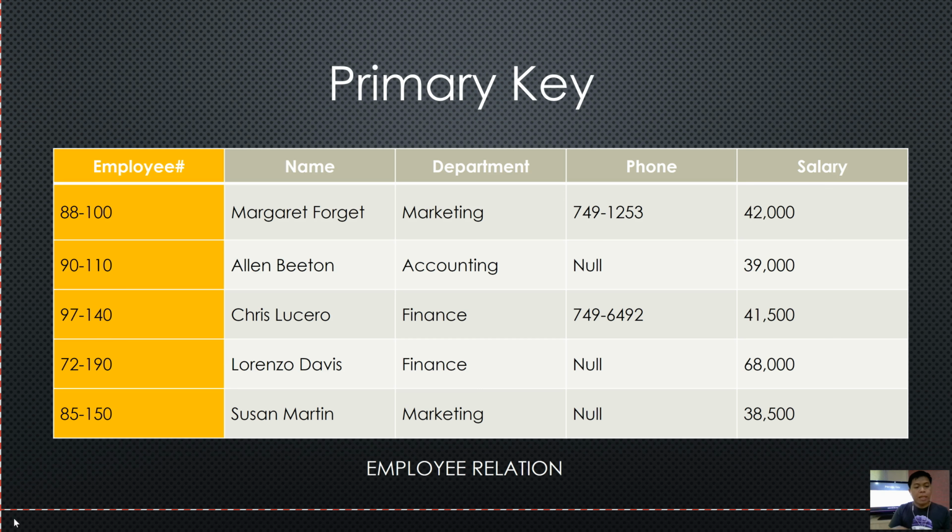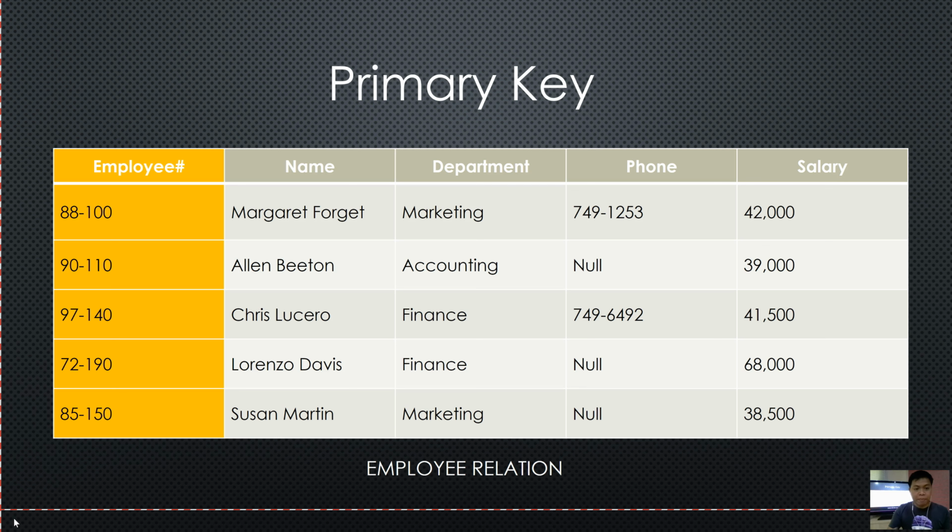In a relational data model, a primary key is a unique identifier for the table. It is a column or a column combination with the property that at any given time, no two rows of the table contain the same value in that column or column combination.